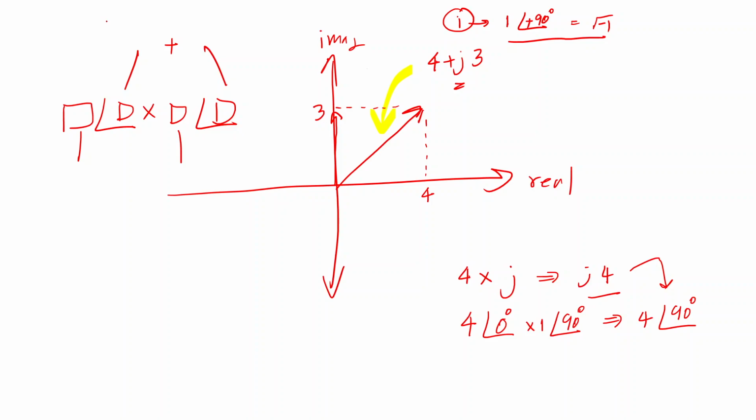You do it like this. If you multiply 10 at 30 degrees with 5 at 20 degrees, what is the result? 50, and then 50 degrees like this, right? Okay, so it's okay.